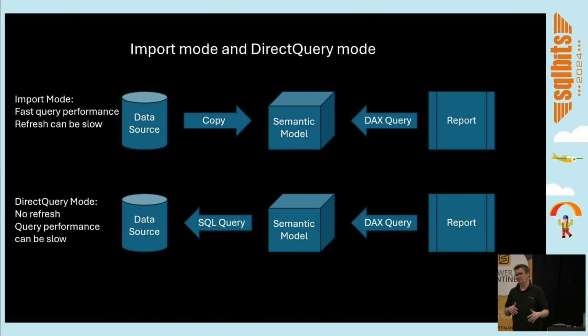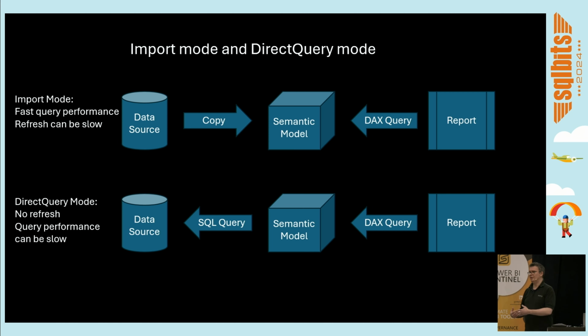The other alternative was direct query mode. In direct query mode, you still had a semantic model, but the semantic model didn't contain any data. So when you as an end user opened up your report, the report generated DAX queries against the semantic model, but because the semantic model didn't contain any data, the semantic model then said, oh, okay, I need to get some data from the data source.